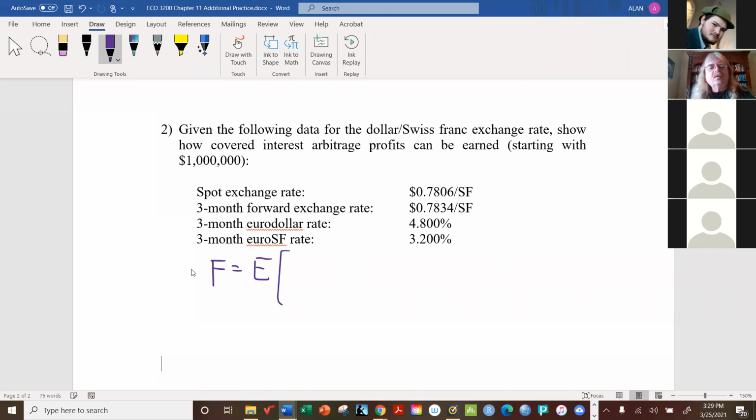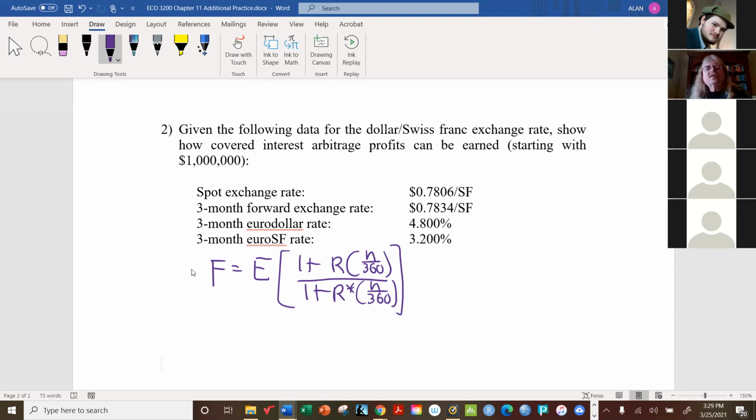All right, I know the purple looks weird. Let's just leave it. 1 plus R times N over 360. And here we have 1 plus R star times N over 360.